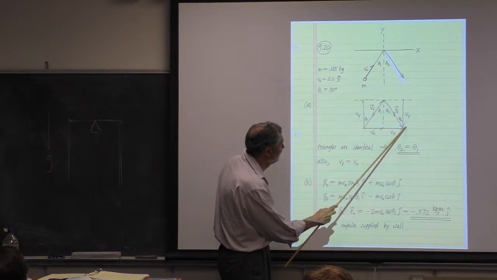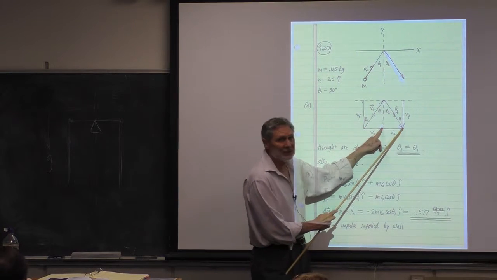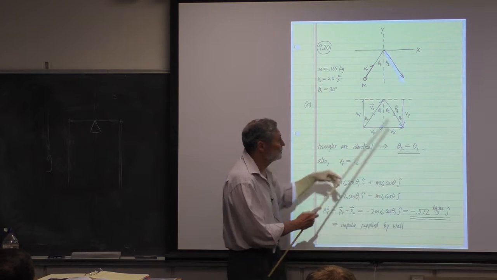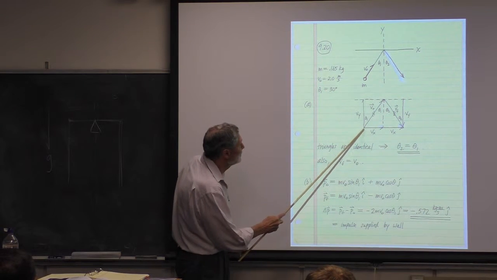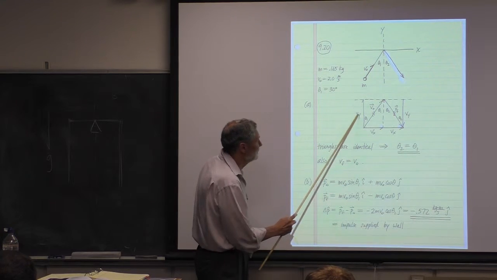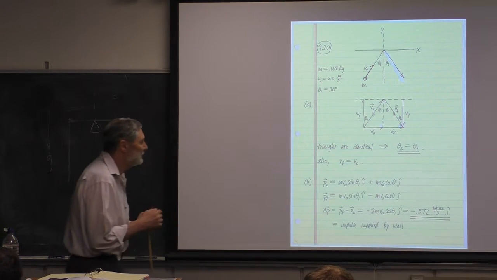The x component stays the same, and the y component just changes sign. So initially the y component's here, finally the y component's here, and they have the same magnitude.